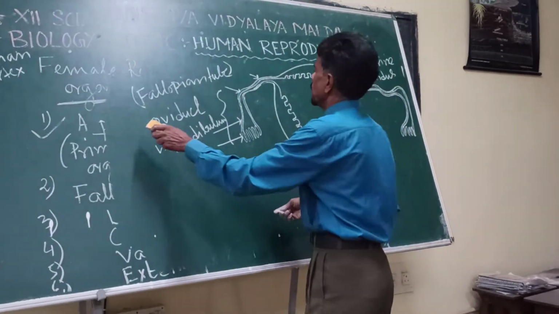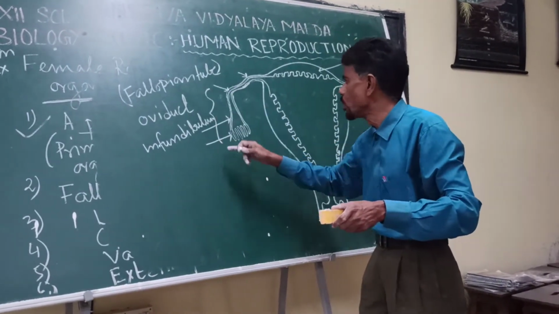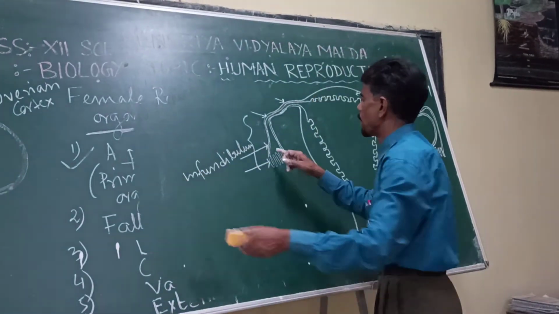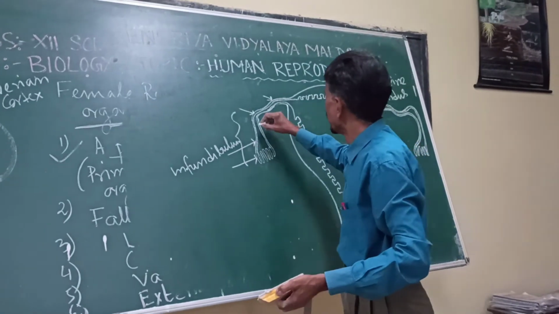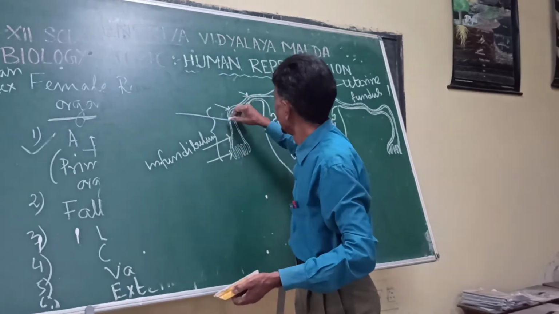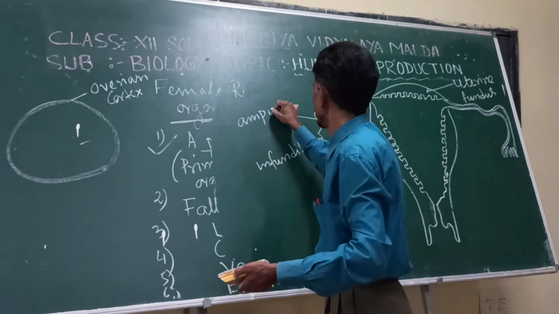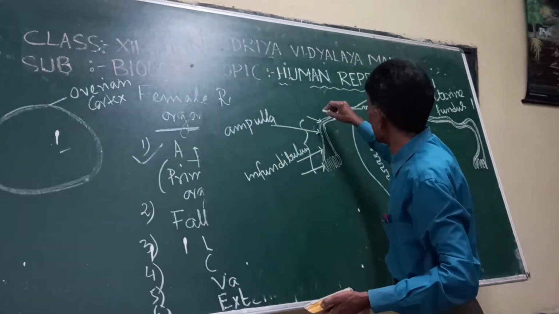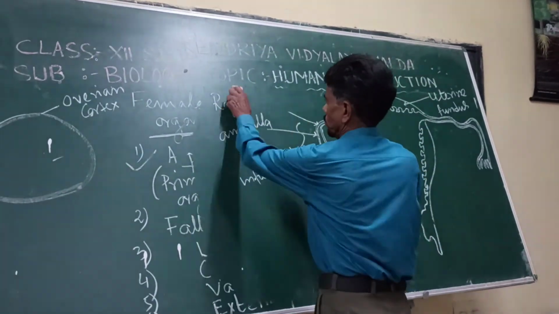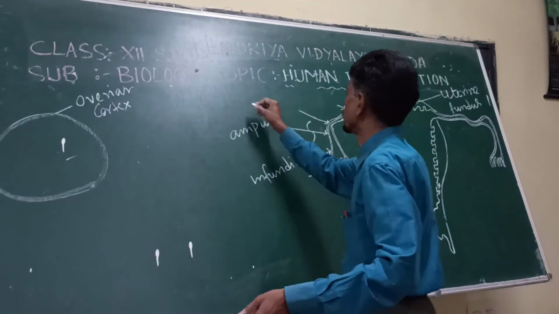Then could you get this oviduct? Total fallopian tube or oviduct, it is having individual part. What are the individual part? Number 1, infundibulum. Number 2, this is called ampulla. And number 3, this is called isthmus.